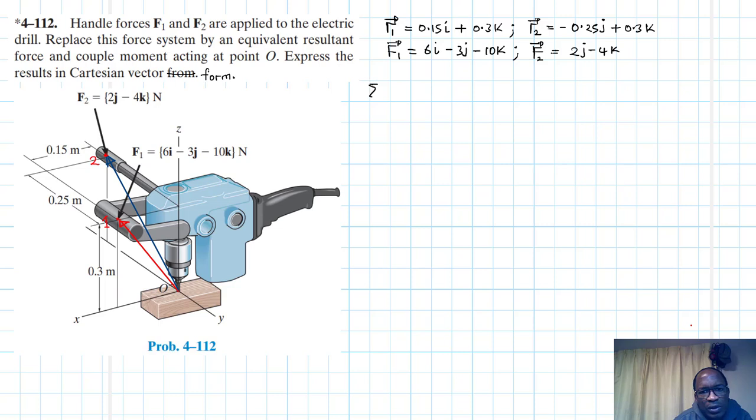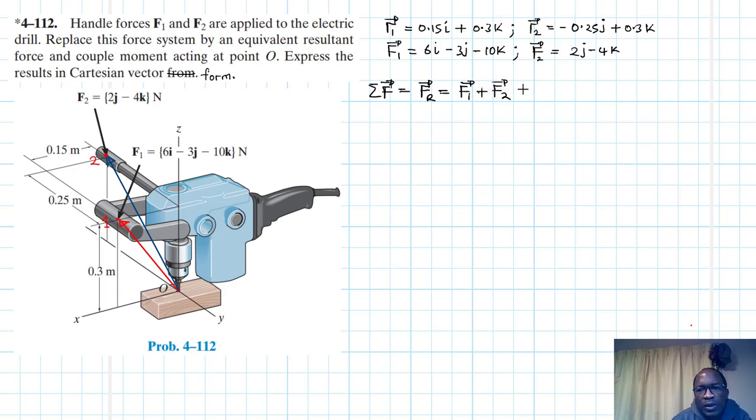Alright, so let's start with the summation of forces. The summation of vector forces is going to be equal to the resultant force, which is just going to be equal to F1 plus F2.